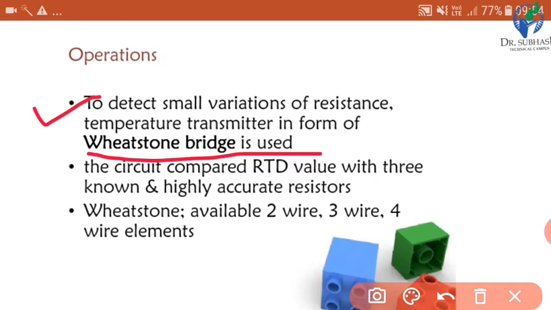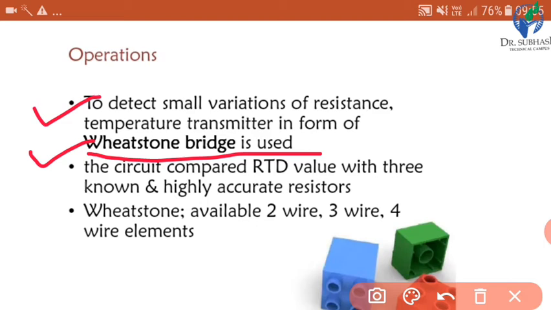So for measuring this small resistance, we can use a Wheatstone bridge circuit. We have already seen the Wheatstone bridge circuit at the time of the strain gauge. So the same Wheatstone bridge is used here.